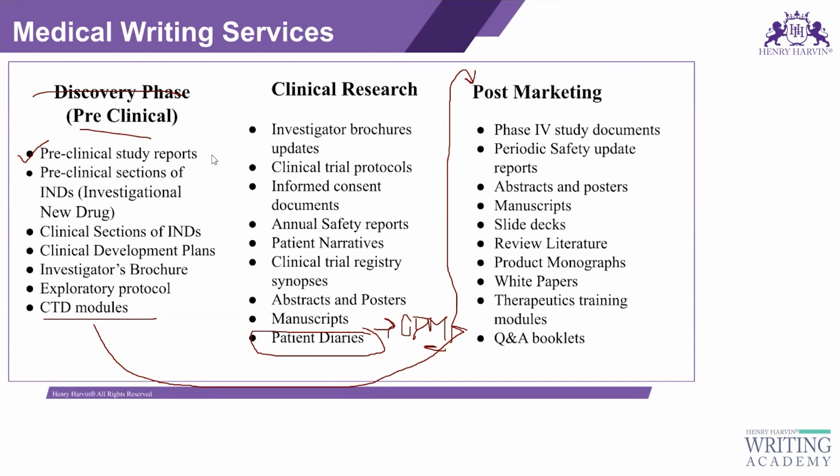Then therapeutic training modules and question answer booklets. For the training of sales and marketing professionals, and also for the training of pharmacovigilance professionals who will be responsible for conducting the clinical trial process, question answer booklets and training modules are made.